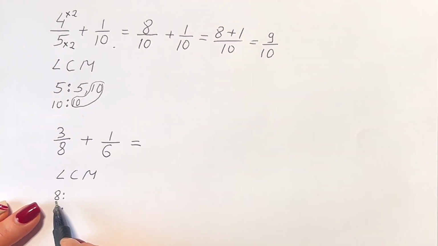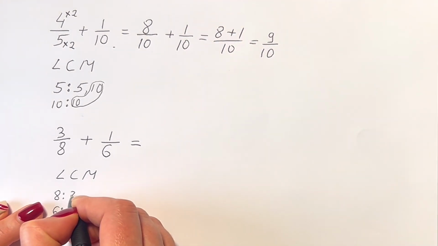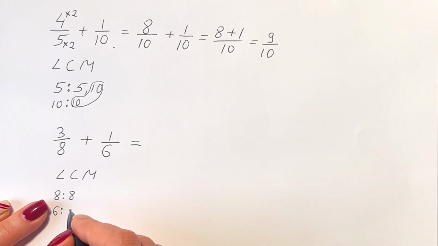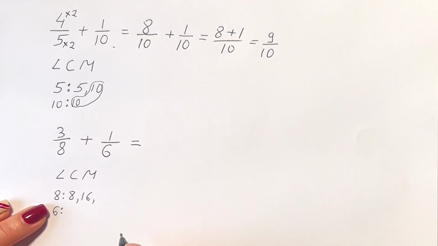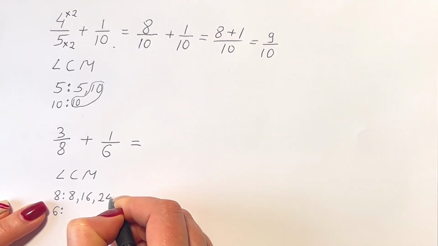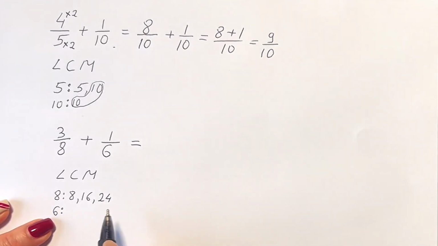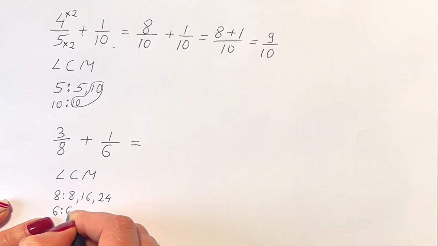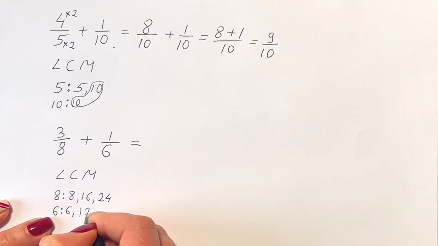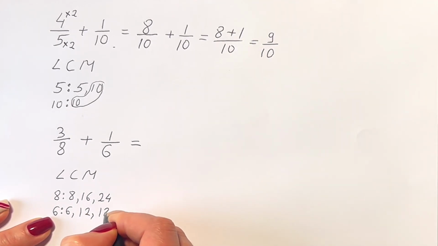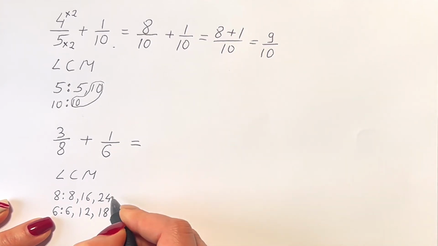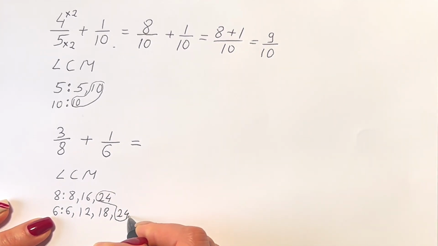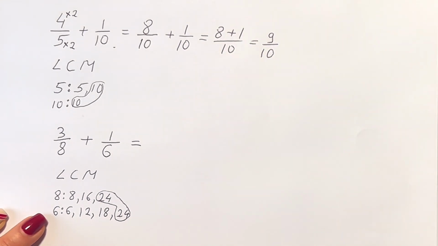Least common multiple: 8 times 1 is 8, 8 times 2 is 16, 8 times 3 is 24. Okay, 24 is divisible by 6. I'm going to stop there. So 6 times 1 is 6, 6 times 2 is 12, 6 times 3 is 18, 6 times 4 is 24. Did you see my least common multiple is 24?